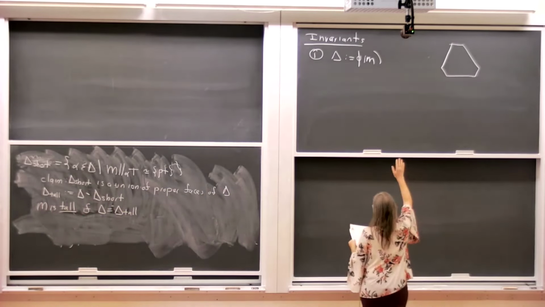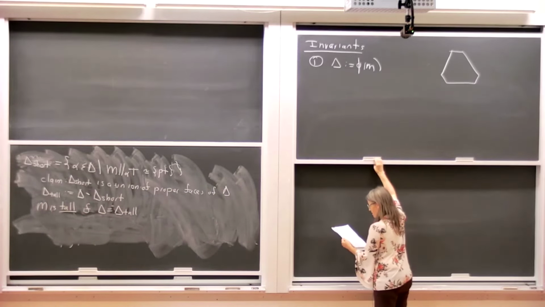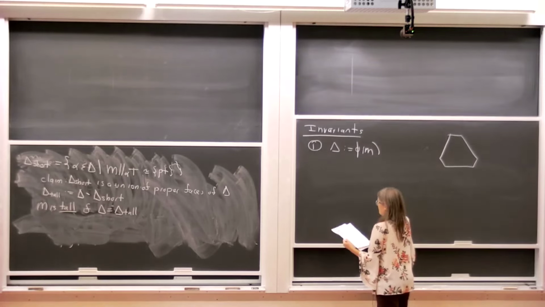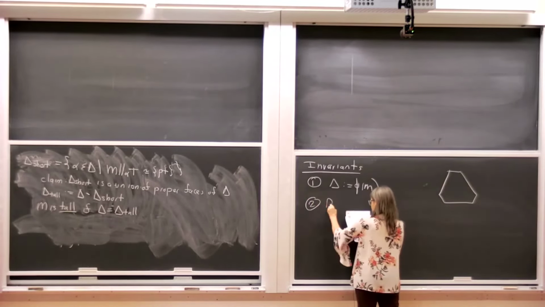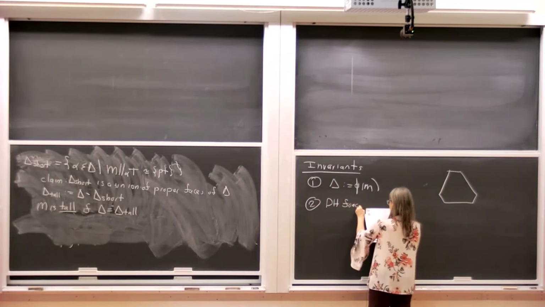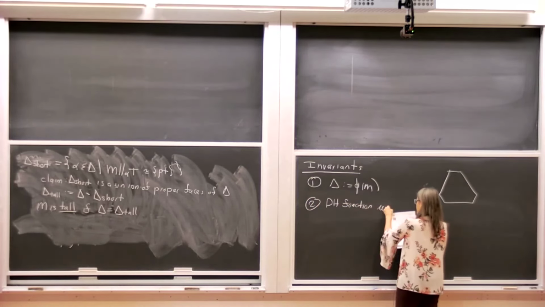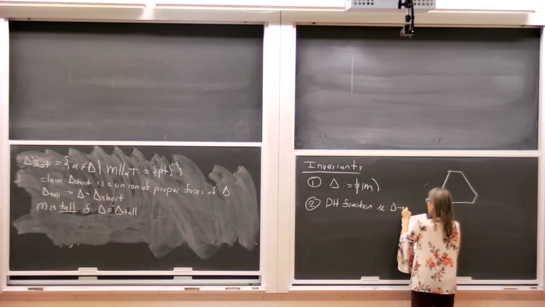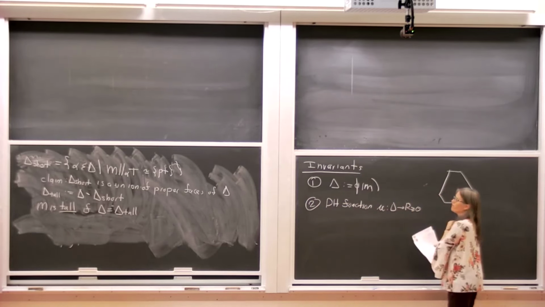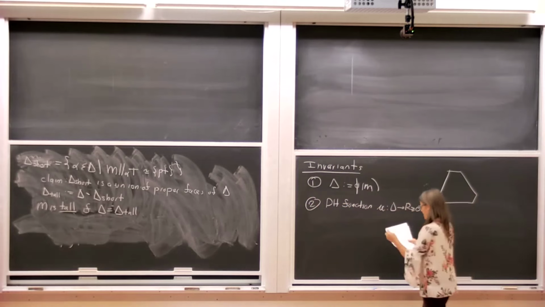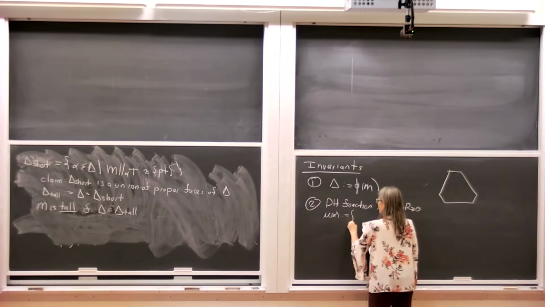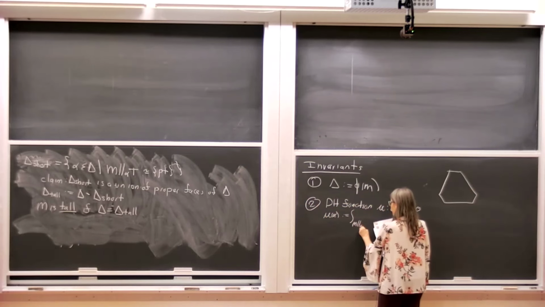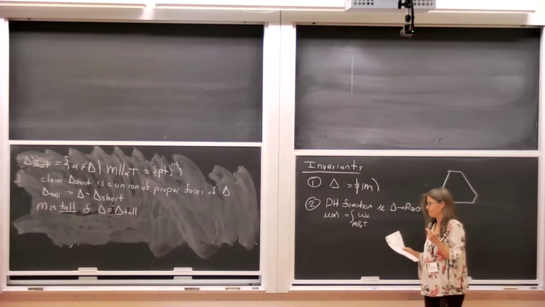And then I can give you the next invariant. The next invariant is something called the Duistermaat-Heckman function, mu, which is a map from delta to the non-negative numbers. Technically, mu of alpha is defined to be the integral over the reduced space of the symplectic form.